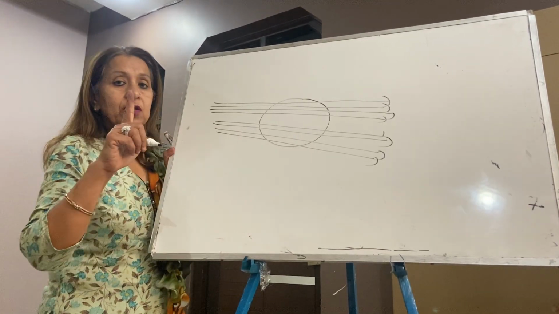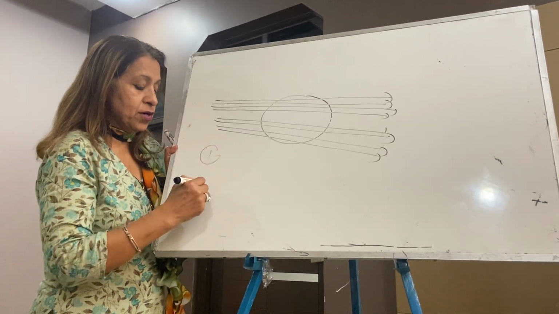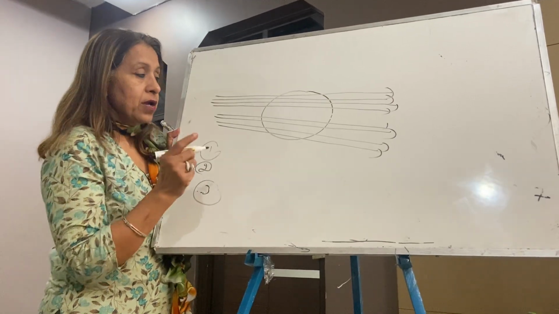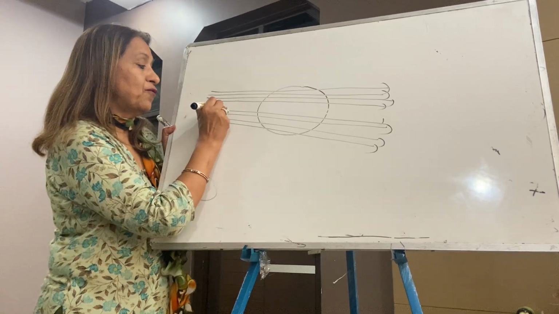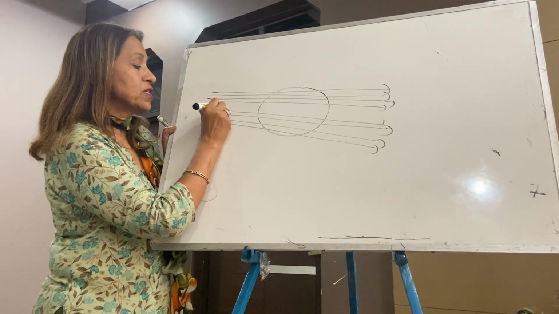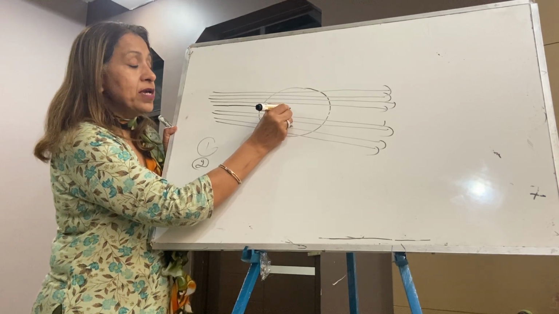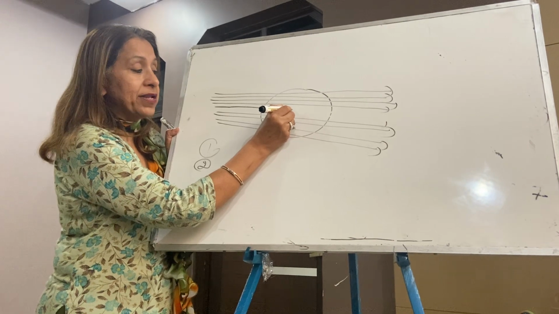Now I'm taking the third observation first. The second I'll take later on. Third now: a very few, that is out of 20,000 only one alpha ray, came back because it hit a very heavy thing present inside the atom. We all know what the heavy particle inside the atom is.